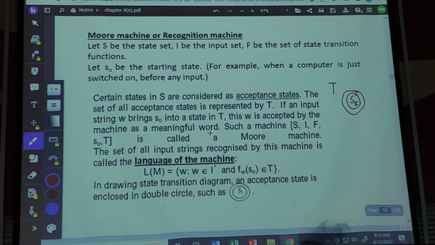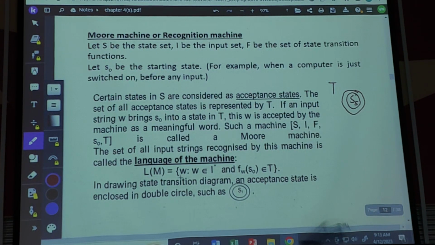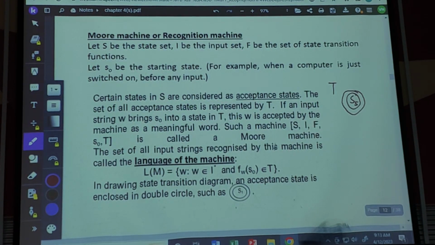The language of the machine is the input string that goes from the starting state until the acceptance state. And in the middle, of course, you can have a loop also, like the LG. So this one, we represent it as LM.